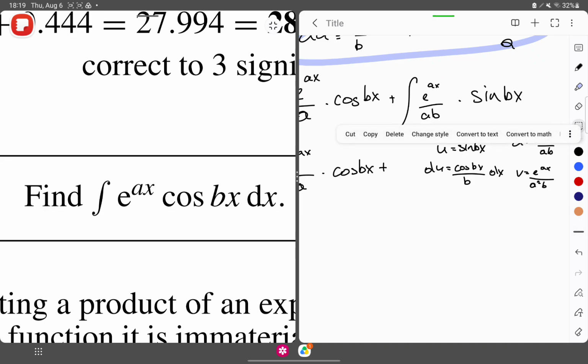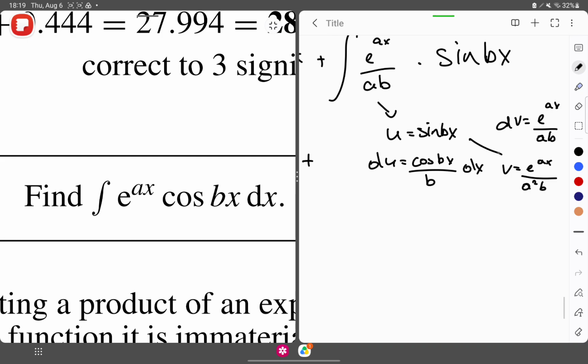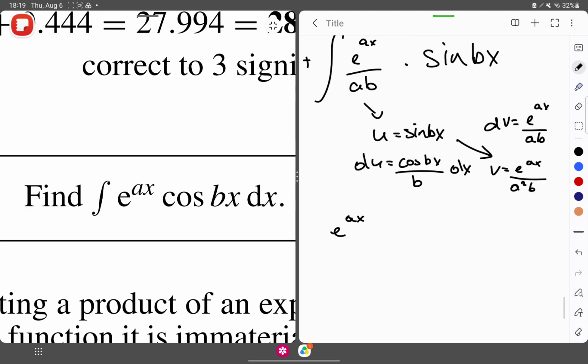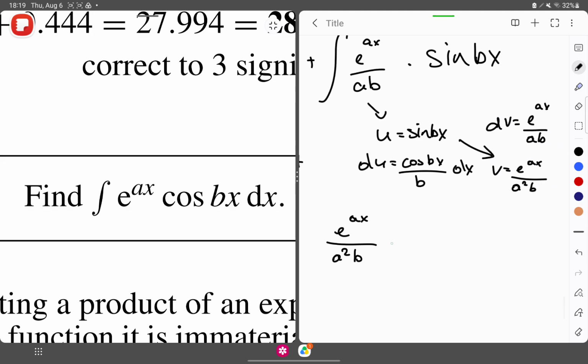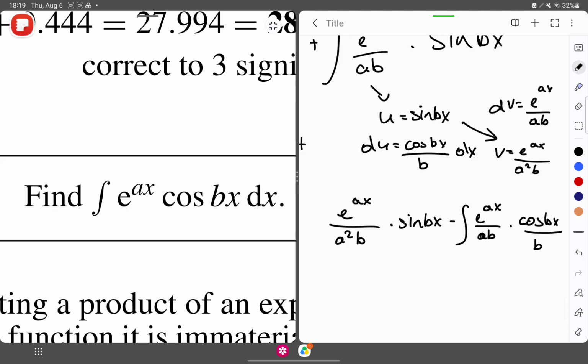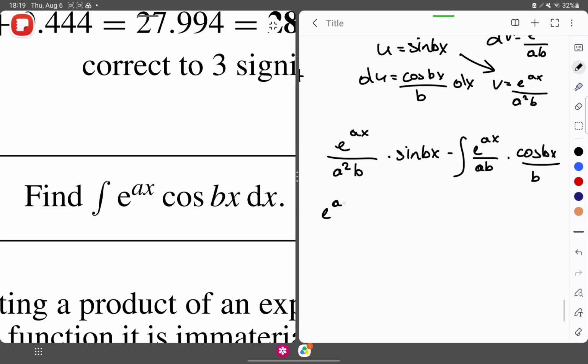And let's find, firstly, e to the power of ax over a squared b times sine bx minus the integral of e to the power of ax over ab times cos bx over b dx. Don't worry about that dx, okay? E to the power of ax over a squared b times sine bx.